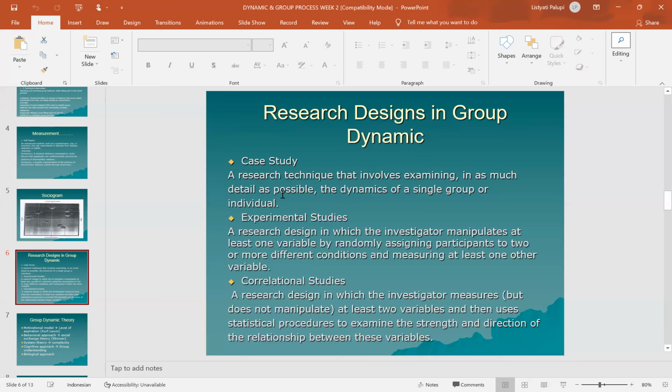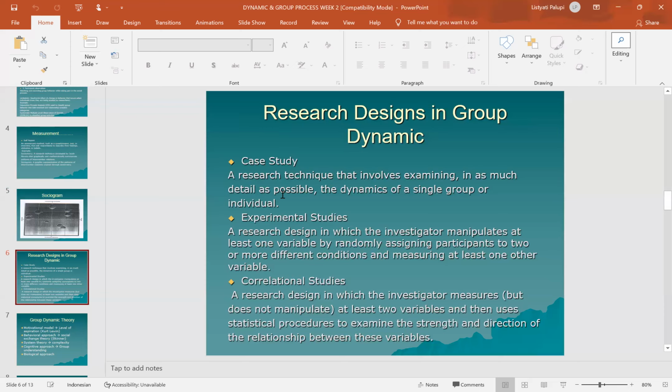The next thing is correlational studies. Correlational studies also involve at least two variables, but the difference between experimental and correlational studies is that while for experimental the researcher needs to manipulate one variable, for correlational studies there is no manipulation.